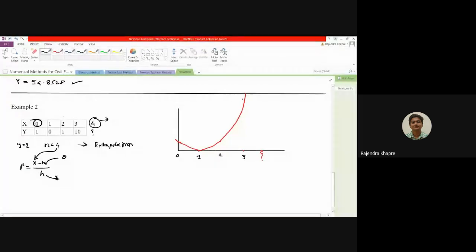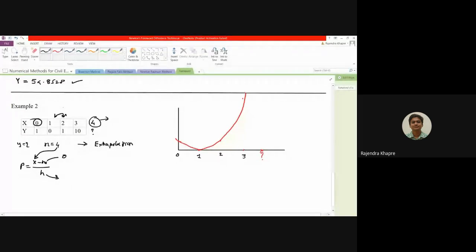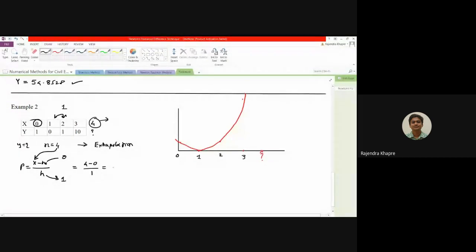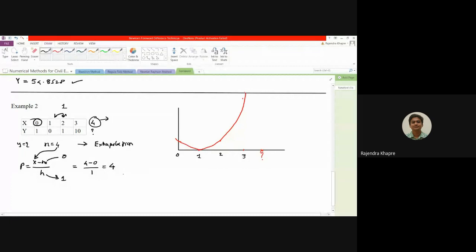You can see the interval between two consecutive values of x is 1. So your p value is 4 minus 0 divided by 1, so your p value will be 4.